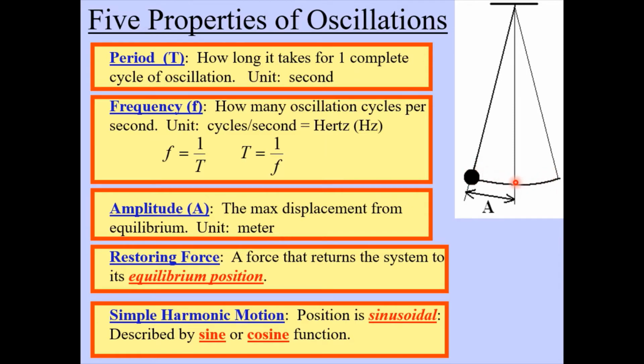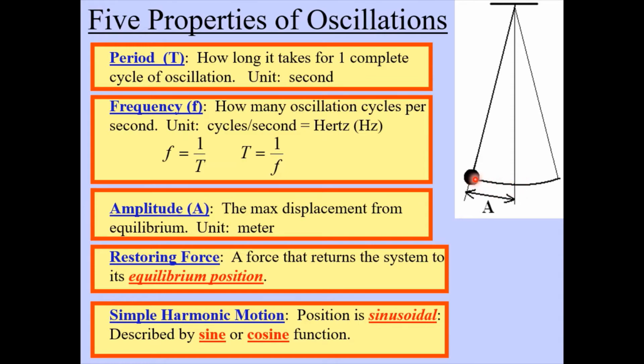Remember, the equilibrium position of the pendulum is right here where I have my pointer, because this is where, when the pendulum is hanging straight down at rest, there's no net force on the pendulum. So the amplitude is defined as the maximum distance that the pendulum moves from the equilibrium position.